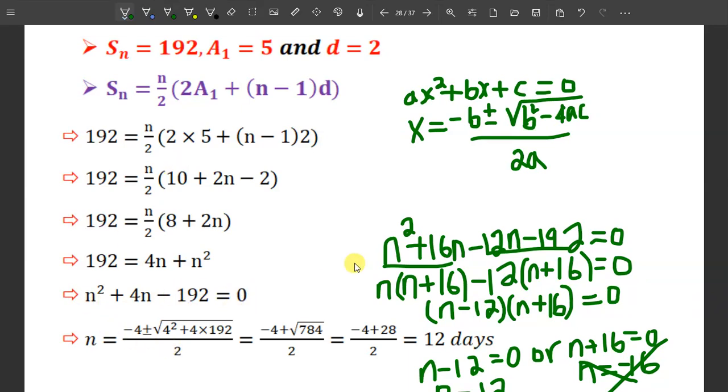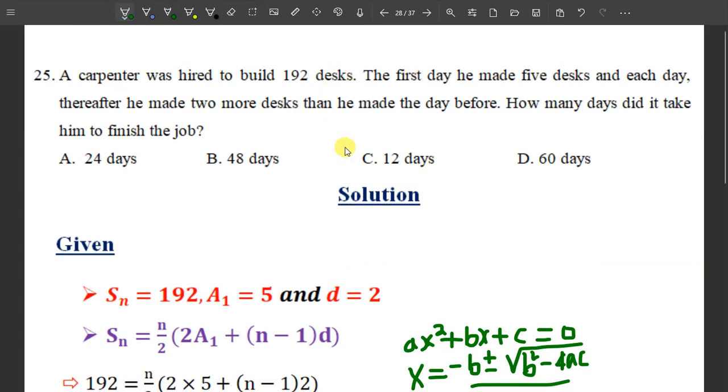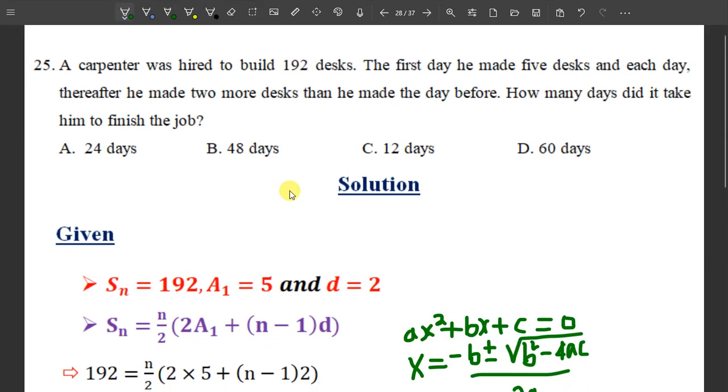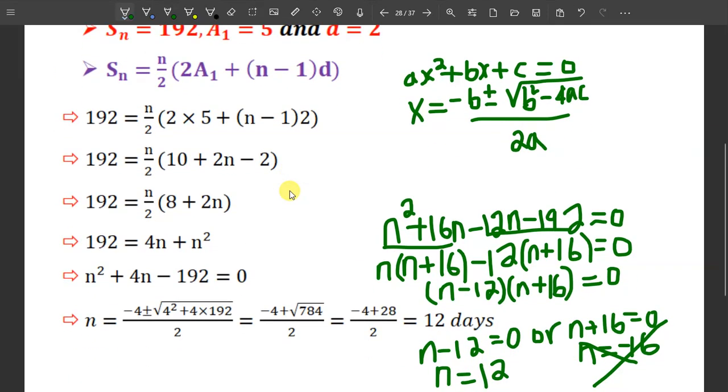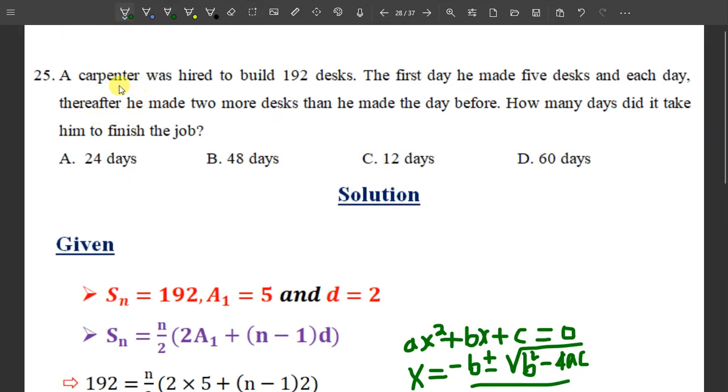Our objective is to solve this one, and if you are interested, you may need to know this. And therefore for this question, the carpenter will finish the job within 12 days. That is C. C is the answer.